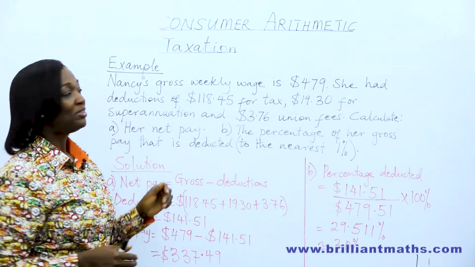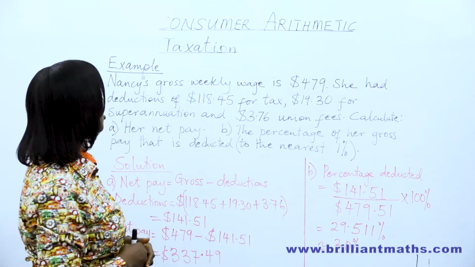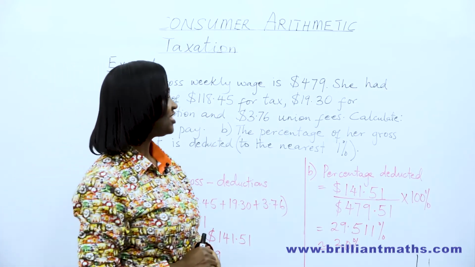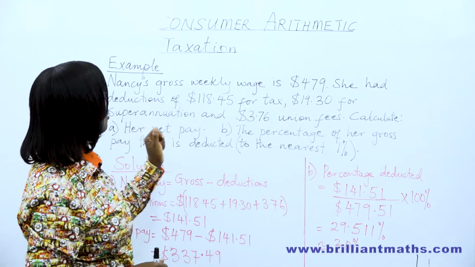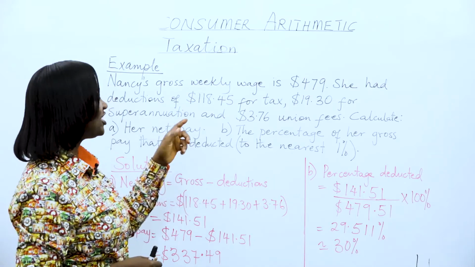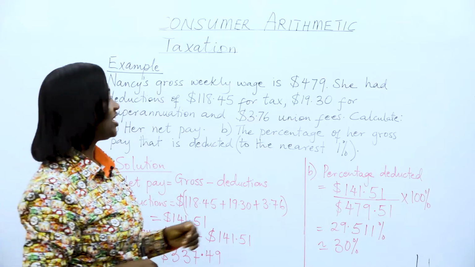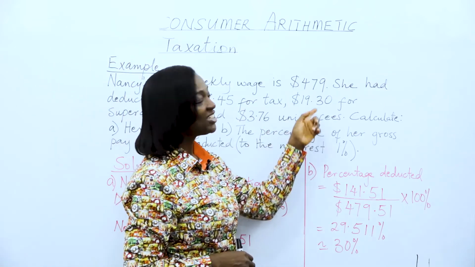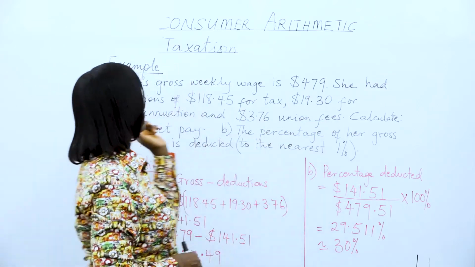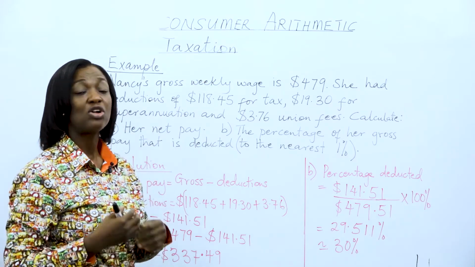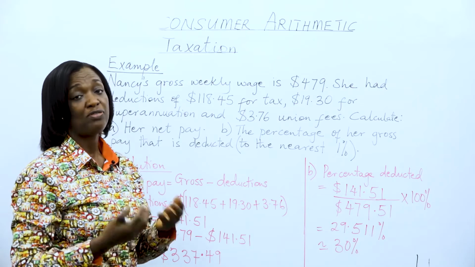In this example, it says Nancy's gross weekly wage is $479. She had deductions of $118.45 for tax. She was also deducted $19.30 for superannuation. What is superannuation? That is a contribution you make towards a fund.